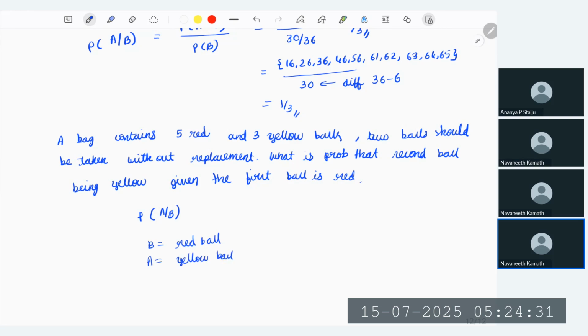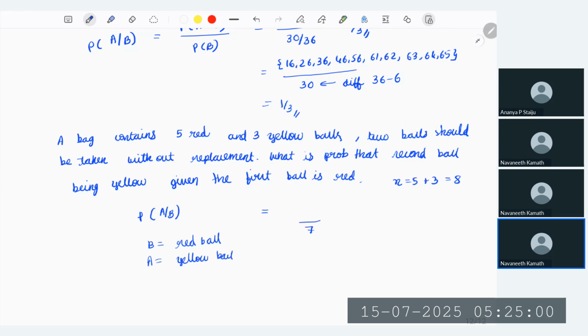I'll simply solve this, but it is not the way of solving this. There is another way. It will not work out for every case, but still I'll try to answer this. We know that the first ball taken is red. If I take out that ball, how many balls will be left in the bag? Total there are 5 plus 3, 8 balls. The first taken out is a red ball, so 7 balls remain.